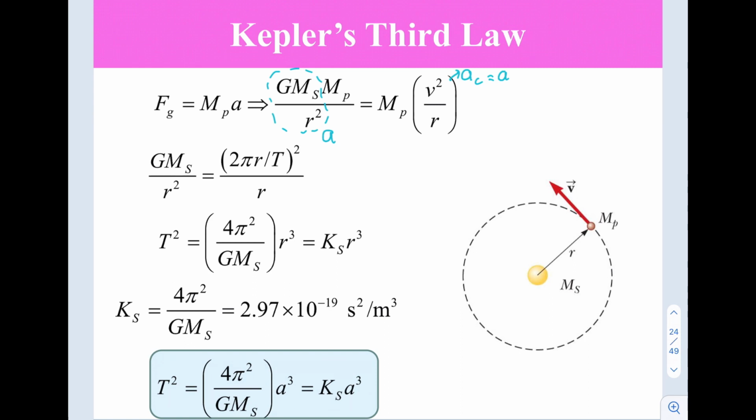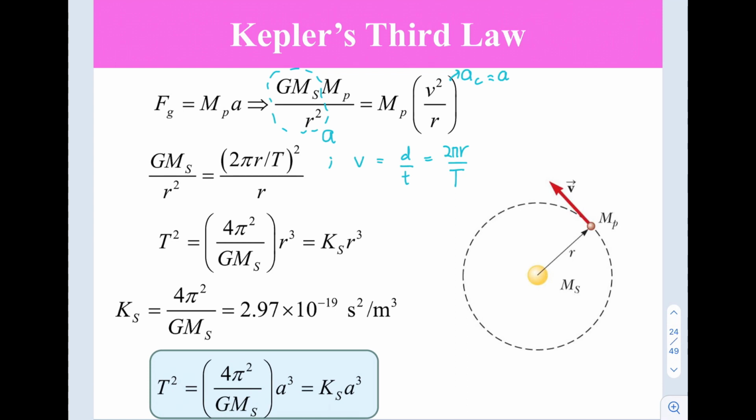For a circular path, the distance traveled is the circumference. We know that V is equivalent to distance traveled over time taken. For one circular path, it is 2 pi r, the circumference, over the period, because the period is the time taken to complete one circle.